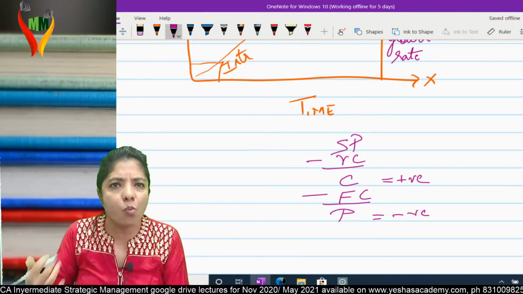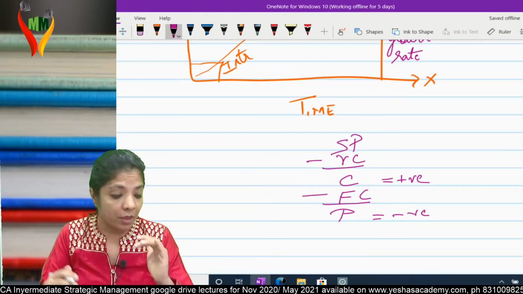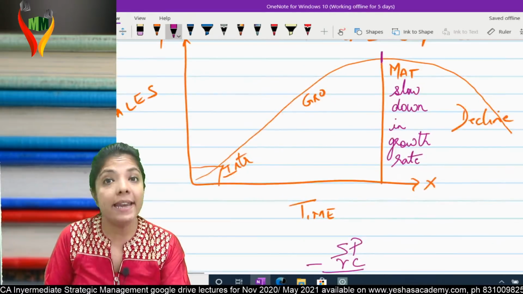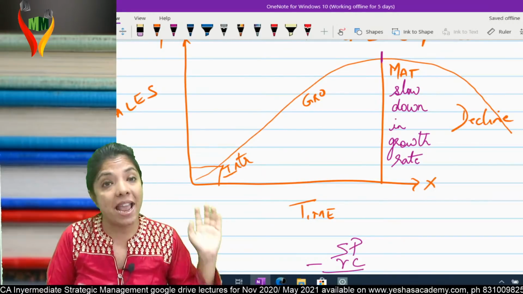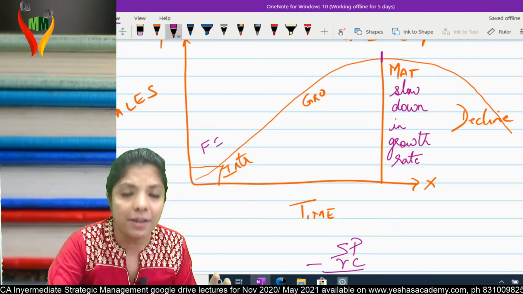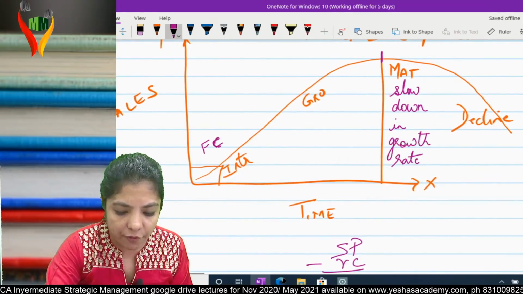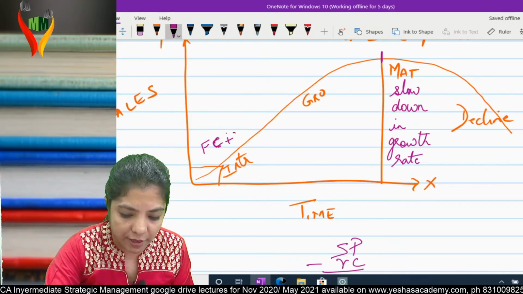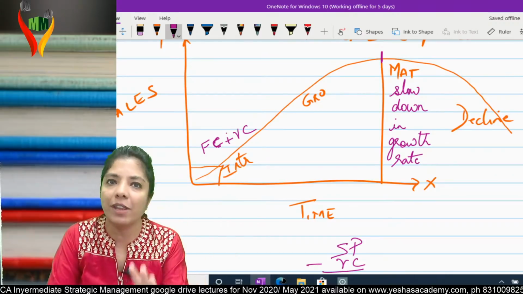I don't have that much to worry, because it takes time to recover fixed cost. Am I clear? So now what happens over here? In the introduction phase, I have just entered, so I have incurred fixed cost: land, building, plant and machinery. I have incurred fixed cost, and along with fixed cost, the moment I produce a single unit, I'll have to incur variable cost.